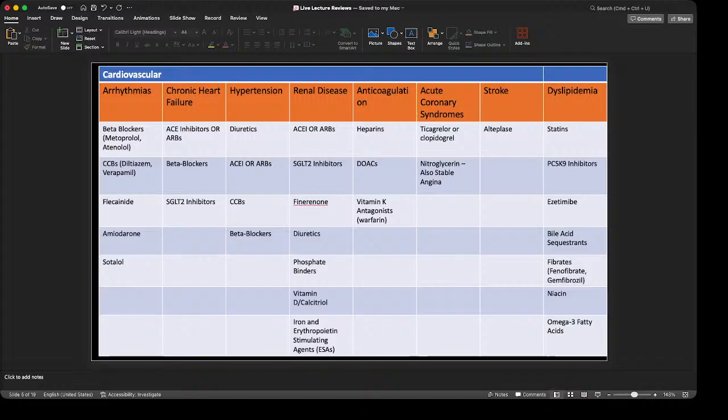One such monitoring parameter, when it comes to medication for a patient with chronic renal disease, is definitely understanding how vancomycin is dosed.